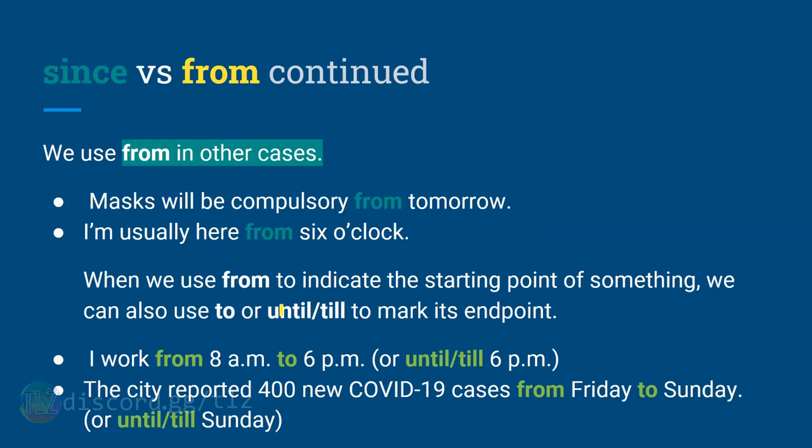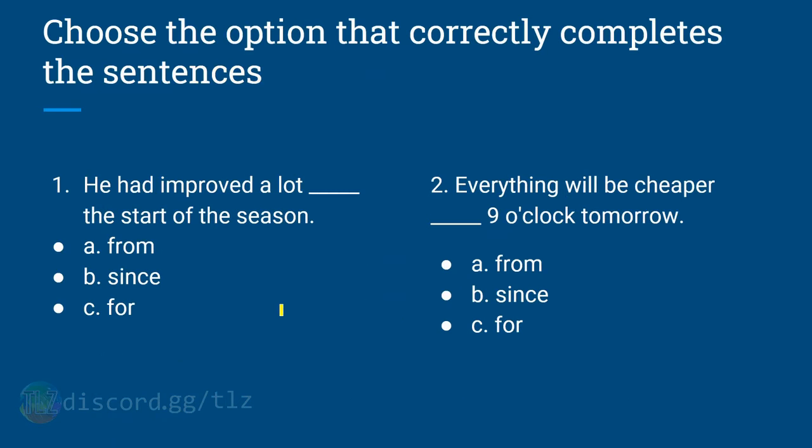Yeah? So, capiche. He had improved a lot dash from the start of the season. Now the correct answer is since the start of the season. It can't be from the start of the season. It's since, because literally the start of the season.